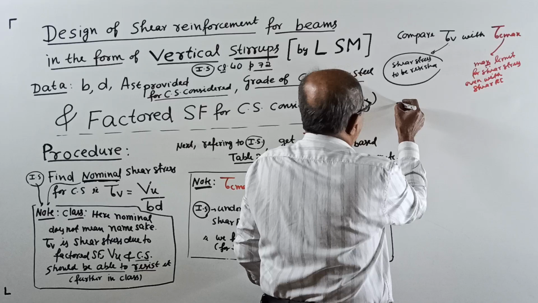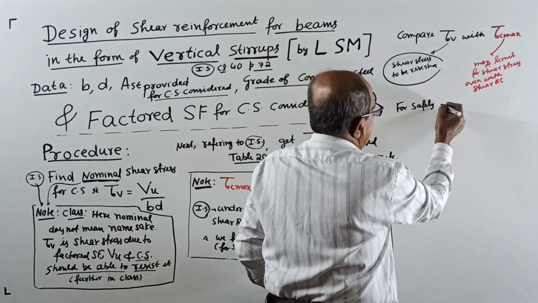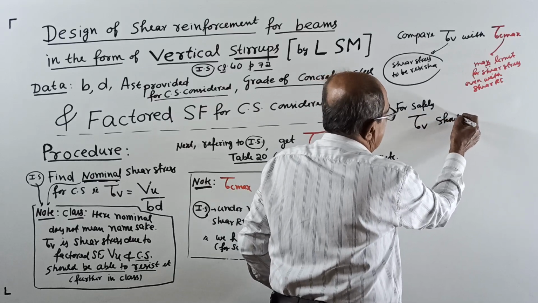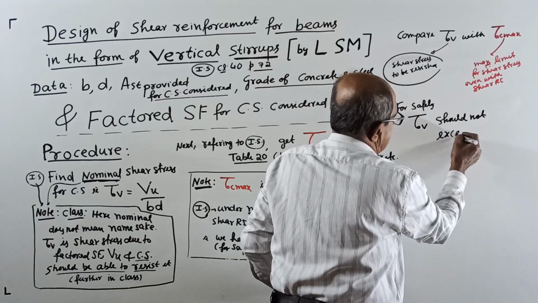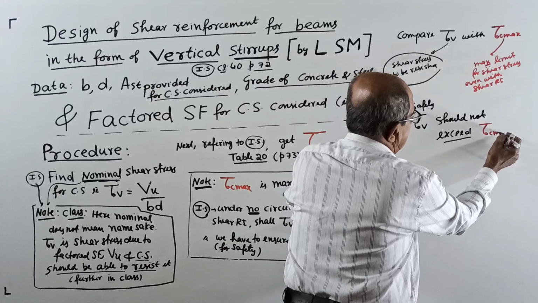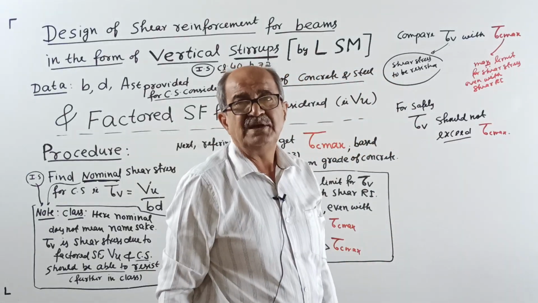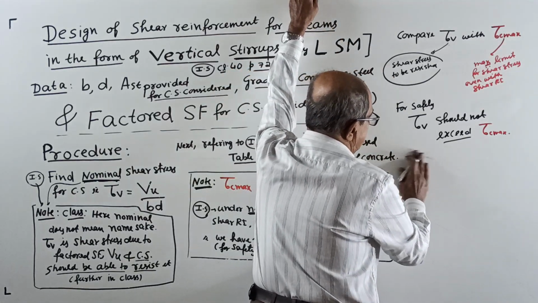Now, for safety, tau V should not exceed tau C maximum, right?